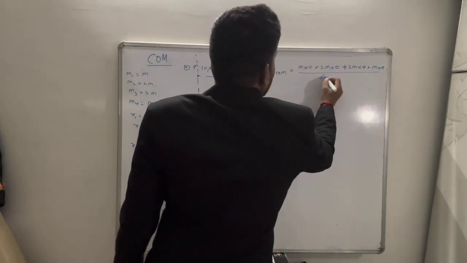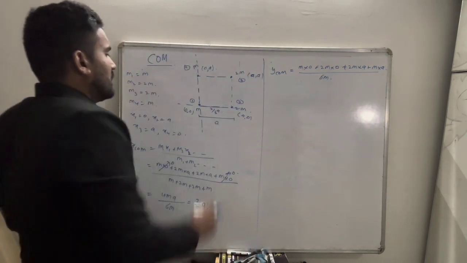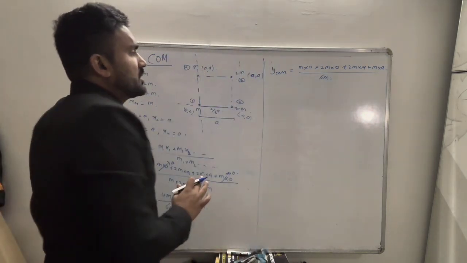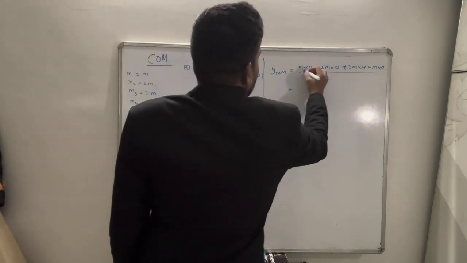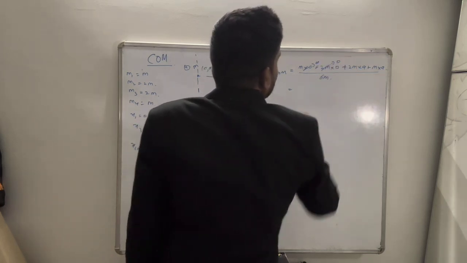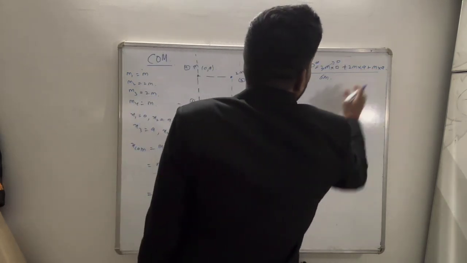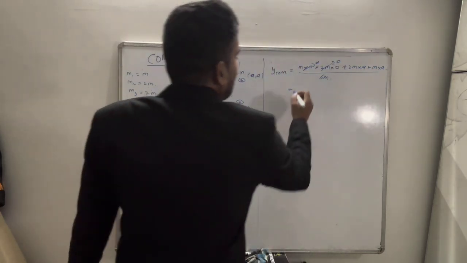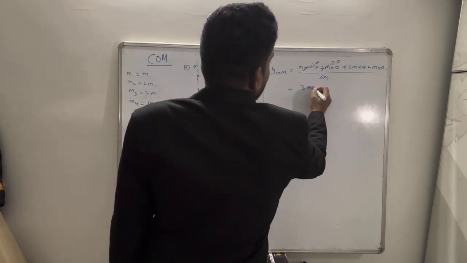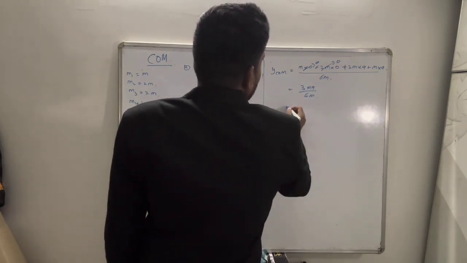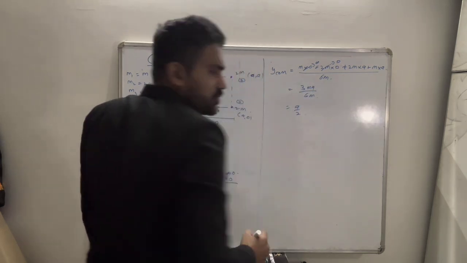Divided by the total mass, 6m, right? m, 2m, 2m, m, that is 6m. So now this is 0, this is also 0. So 2m plus m, that is 3m, right? 3ma divided by 6m. So that will be a by 2, right?